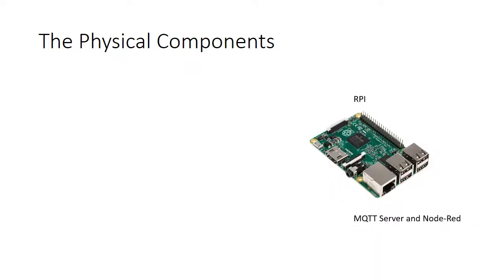So let's just remind ourselves of what the physical components are in the system that I'm going to show you something about. The first part is the Raspberry Pi, which is hosting an MQTT server and Node-RED itself. Connected to that through one of the USB interfaces, we have a Libelium LoRa gateway, so that plugs directly in.